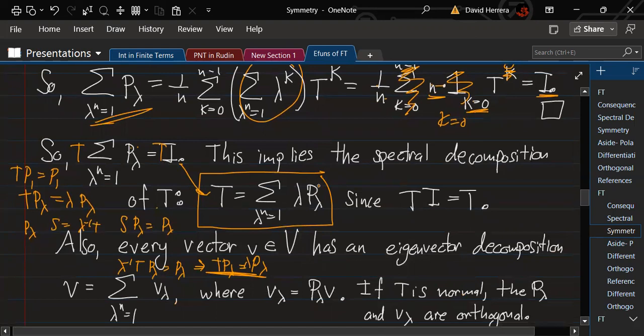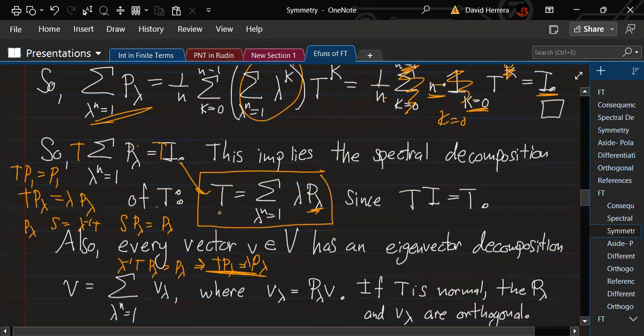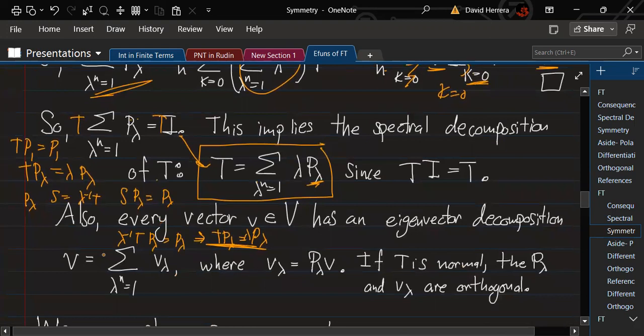If T is normal, then these things will be orthogonal projections, and the ranges of these orthogonal projections will be orthogonal. So this is going to be a very nice decomposition. Also, from this, the sum of P lambda is the identity, and you can apply that to any single vector v.